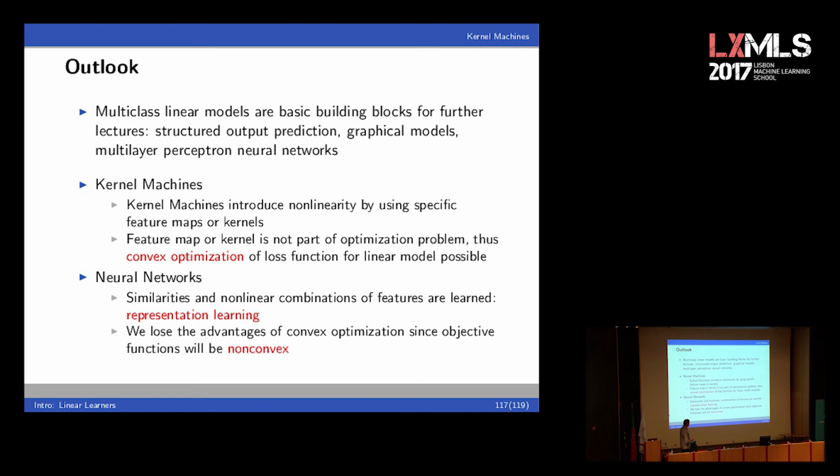So similarities and nonlinear combinations can be seen as being learned automatically, because all possibilities are in there in the neural network, and some of them are more important, some of them are less important. You learn it automatically. But you are leaving the framework of convex optimization, and things still seem to work, but they are poorly understood.